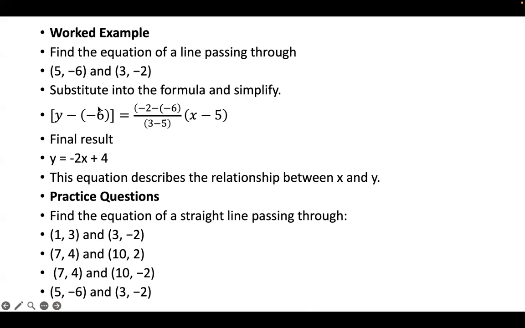So when we substitute, we have y minus -6, that's the first y, is equal to -2, this is the second y, minus -6, that's the first y, over 3, that's the second x, minus the first x, multiplied by x minus 5.